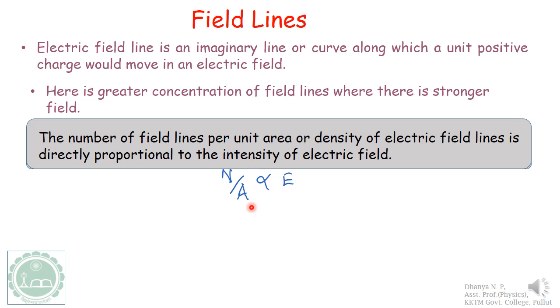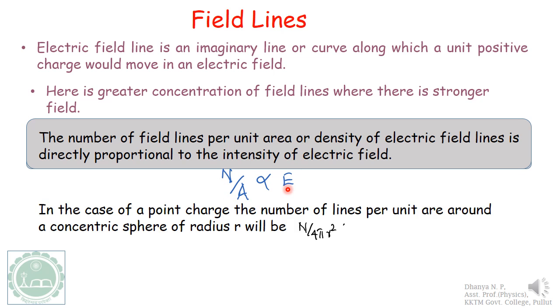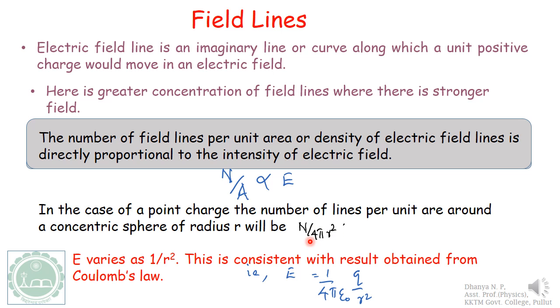That is, N by A, the number of field lines per unit area, is proportional to the intensity of electric field E. In the case of a point charge, consider a sphere with the charge at its center and radius r. The number of lines per unit area on the concentric sphere will be N by 4 pi r square. 4 pi r square is the surface area of a sphere.